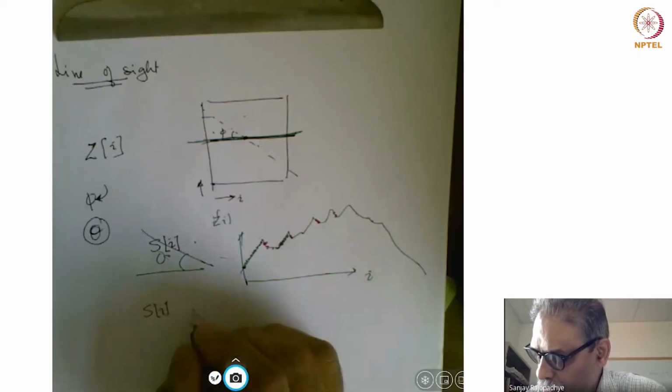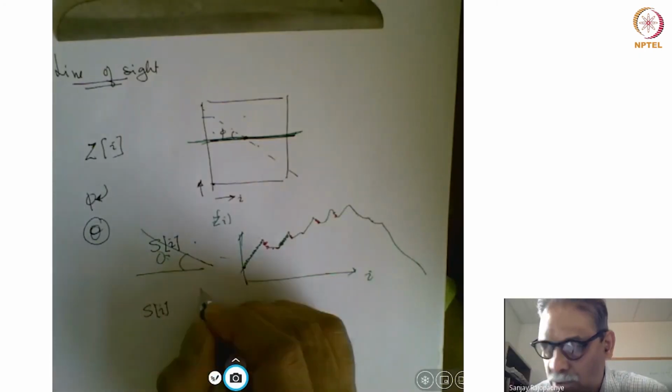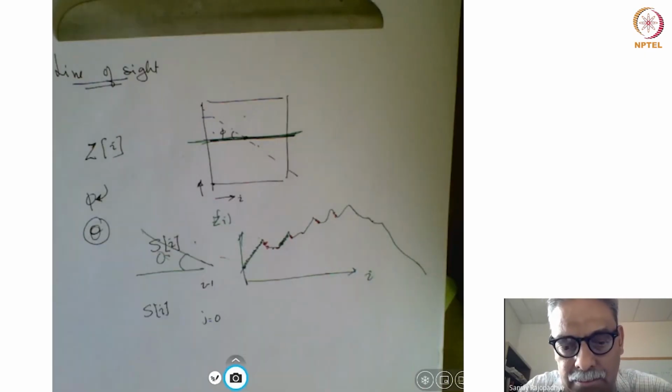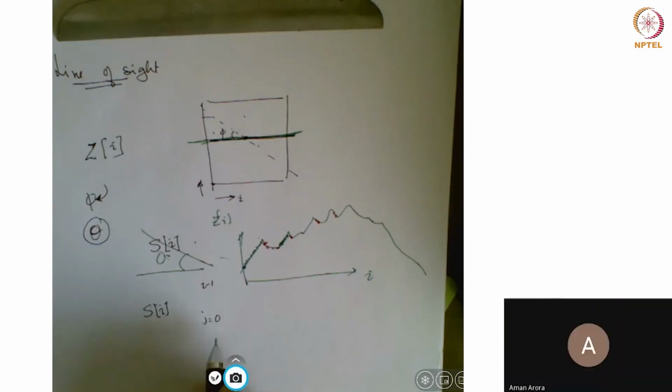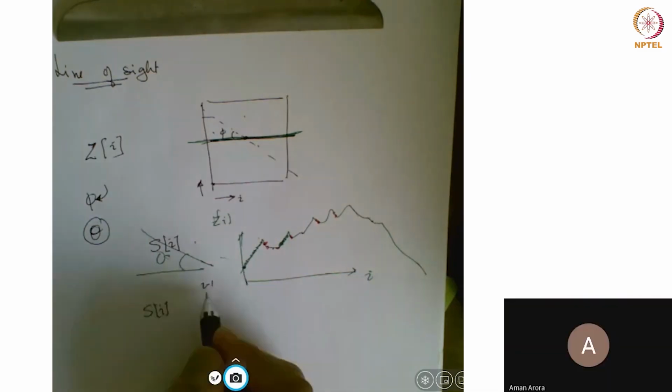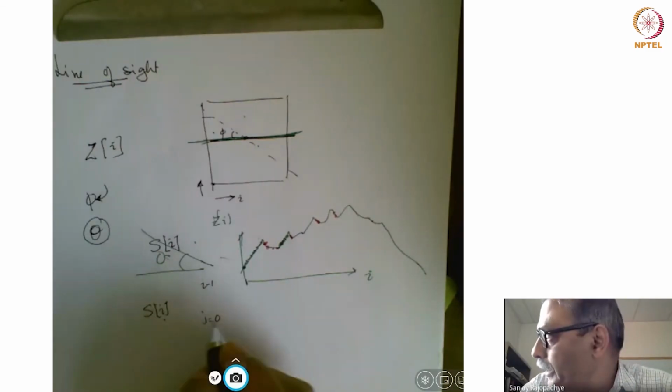So you are going to do something over j equals 0 to I minus 1 or something like that. Yeah. You're looking at all the points from j equals 0 all the way up to I minus 1. Yes. For the ith point, you're going to look at that, right?